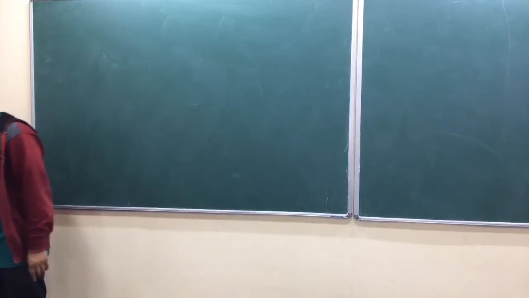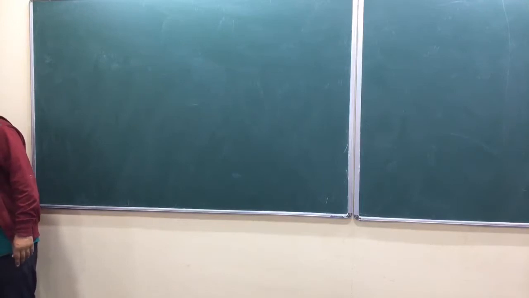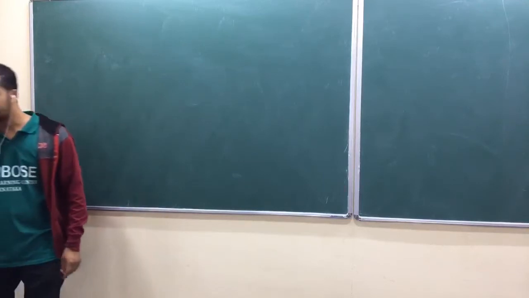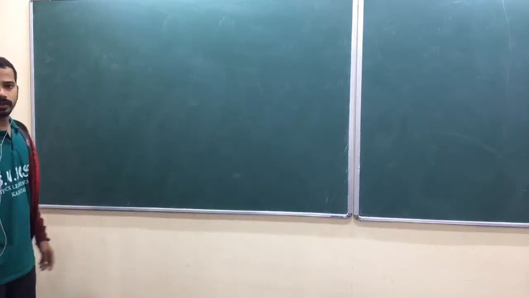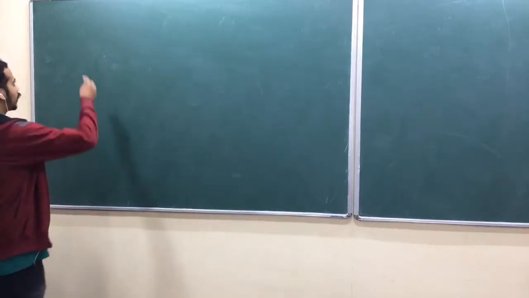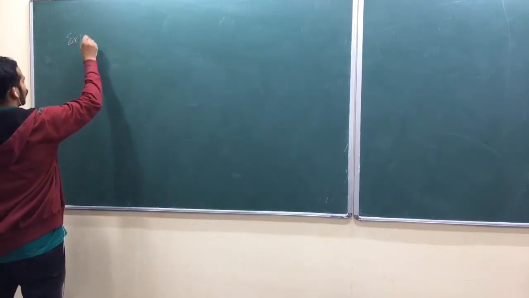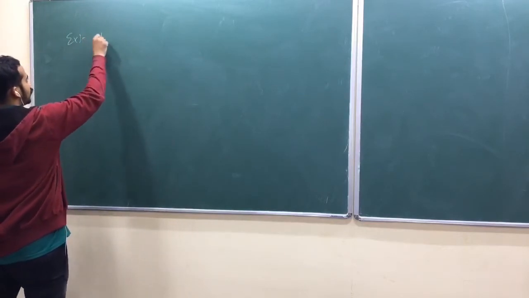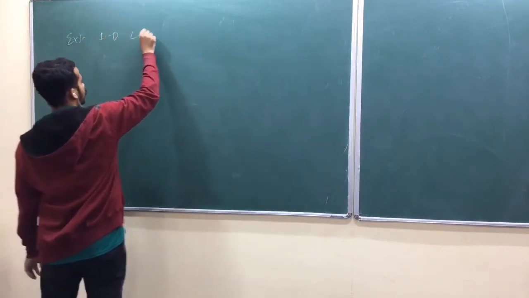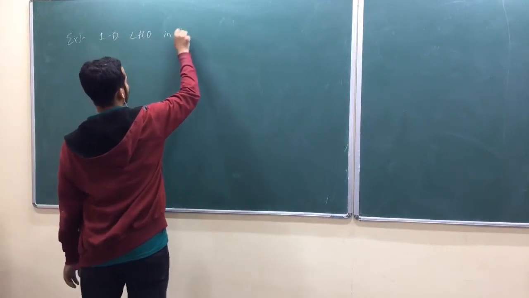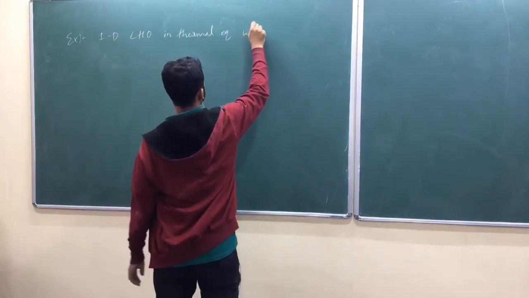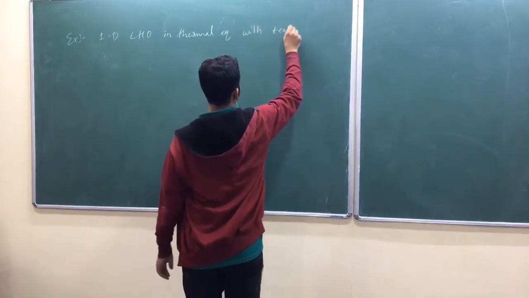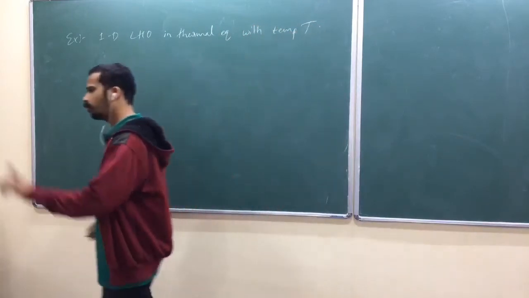Now let me do this problem so that in the next chapter we can get into Einstein's theory of specific heat, okay? Now look here, let me take this as an example. I have a 1D linear harmonic oscillator in thermal equilibrium at temperature T. Only one.